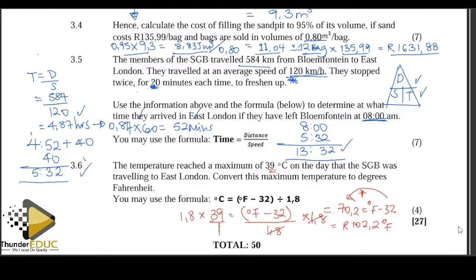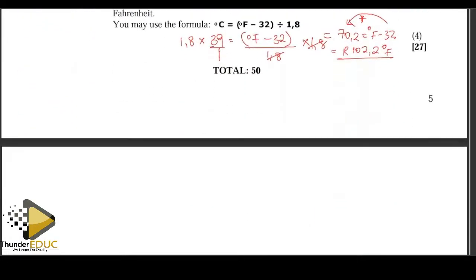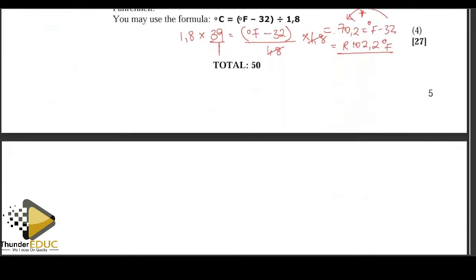Don't forget, these are degrees Celsius. Another person here would have said, let me see if I can do it down here. So they're telling us degrees Celsius equals Fahrenheit divided by 1,8.